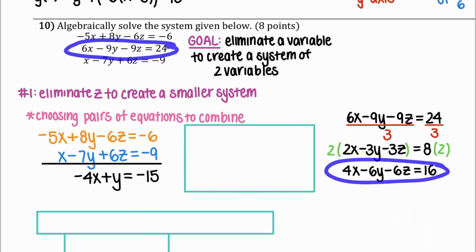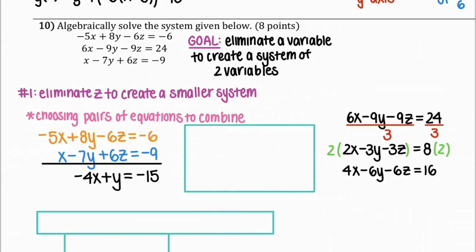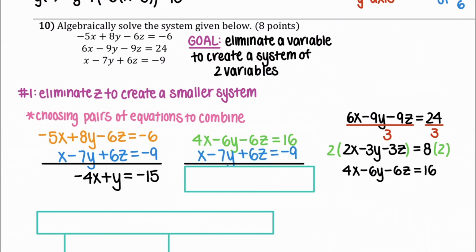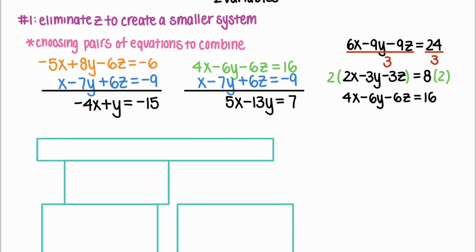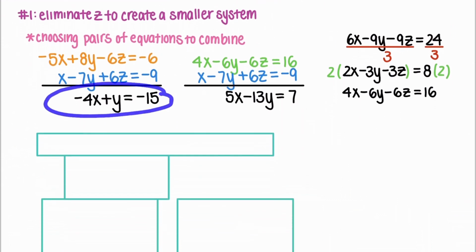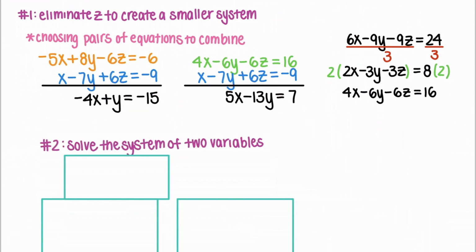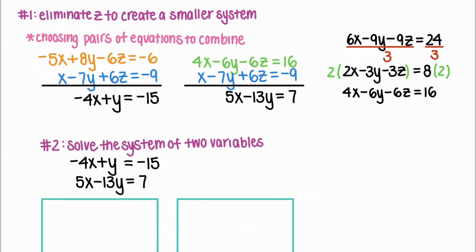So that equation that we just created is equivalent to the second equation as such. So combining the second and the third equation, that will give us 5x minus 13y is equal to 7. And so from here we have just created a system of two variables. Yay! Two equations and two variables. And that's going to allow us to solve for x and y.